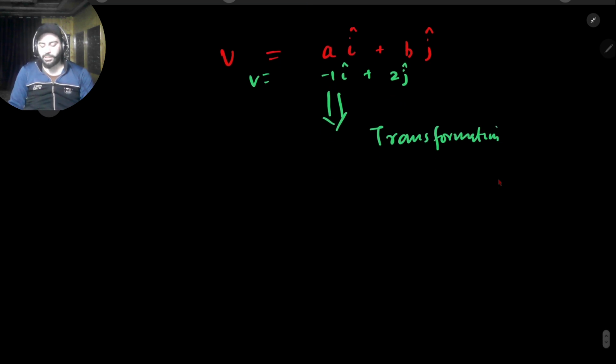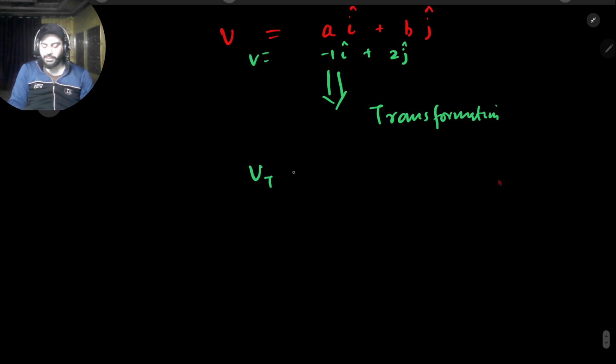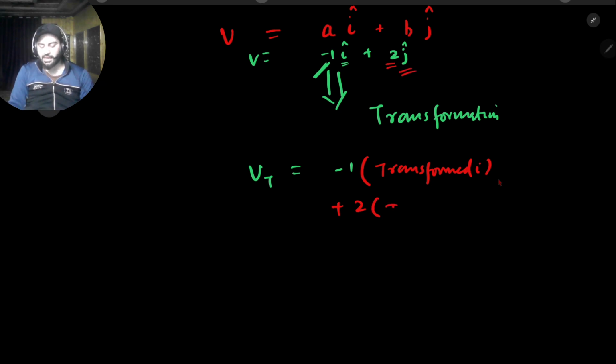We applied some transformation which we want to mathematically capture. So I'm saying this transformed v, vt, is equal to: the coefficients remain the same, -1 stays the same, but i got transformed, so I'll write transformed i, plus 2, the same coefficient, but instead of j I'll write transformed j.